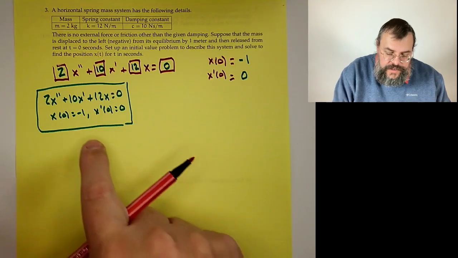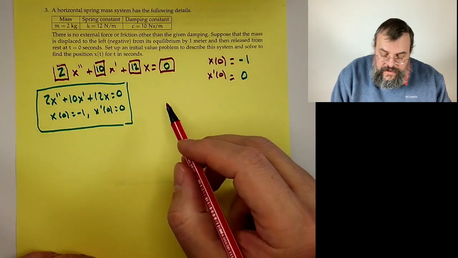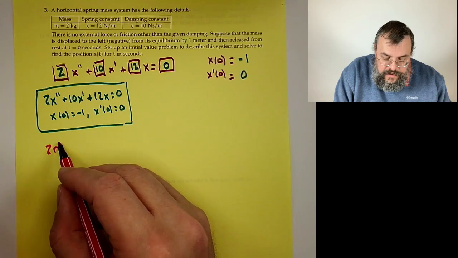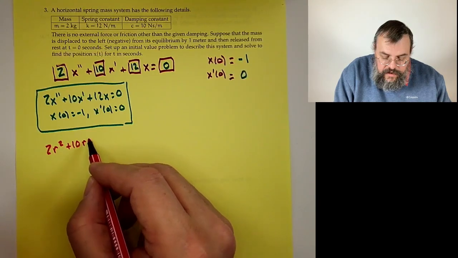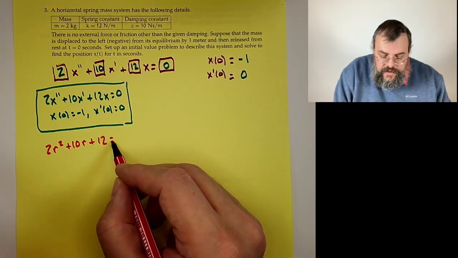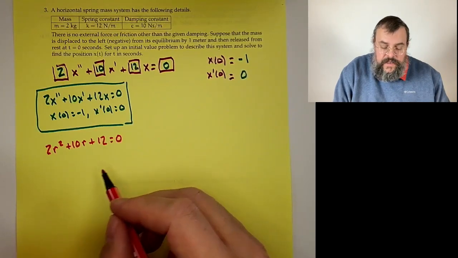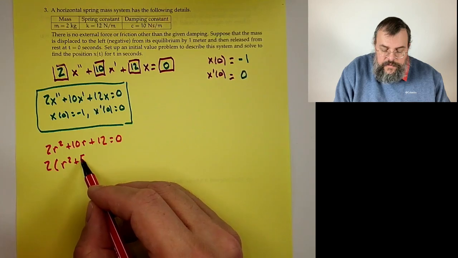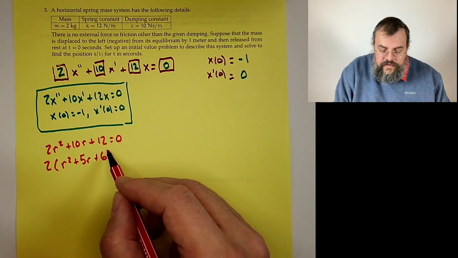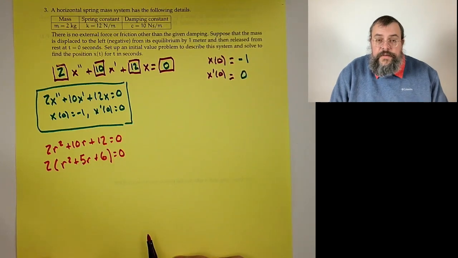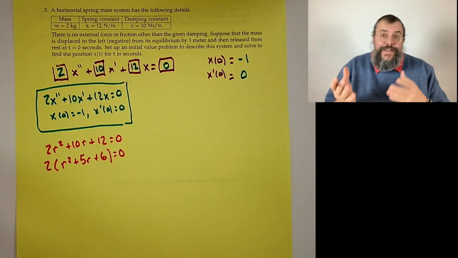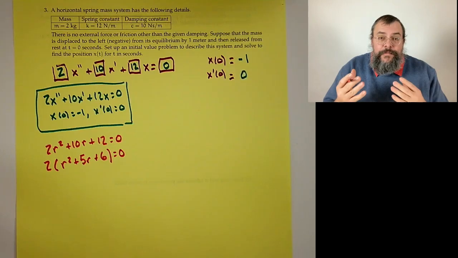Well, we turn this into a polynomial. So we get the following. 2r squared plus 10r plus 12 equals 0. Now you could factor 2 out. That becomes r squared plus 5r plus 6 equals 0. And now we ask the question, does it factor nicely, or are the roots complex?